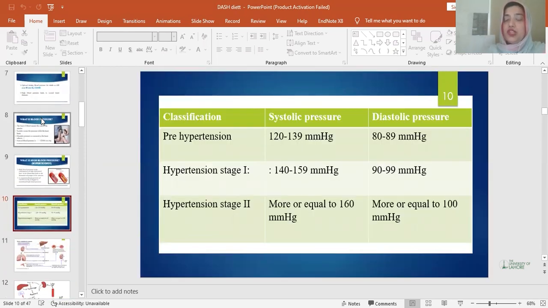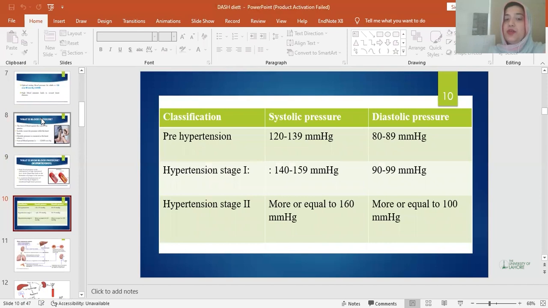Here is the classification. Hypertension is classified in three ways: pre-hypertension, hypertension stage 1, and hypertension stage 2. When we talk about pre-hypertension, systolic pressure is 120 to 139 mm mercury, and diastolic pressure ranges from 80 to 89 mm mercury.